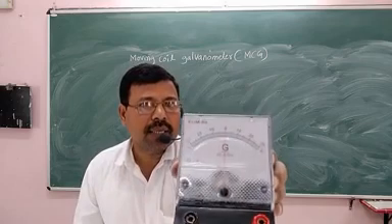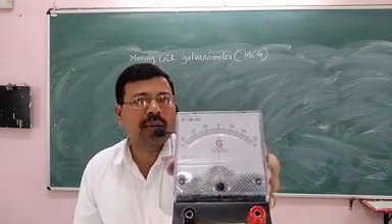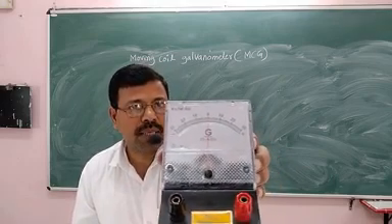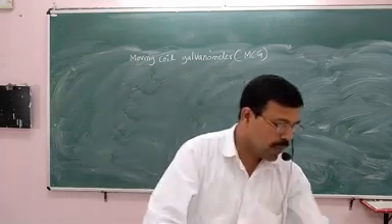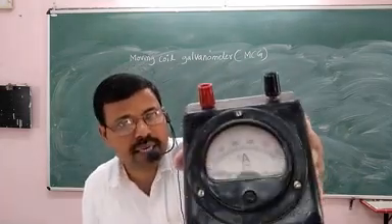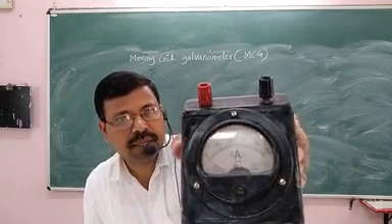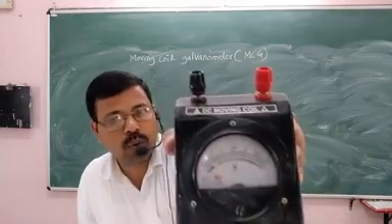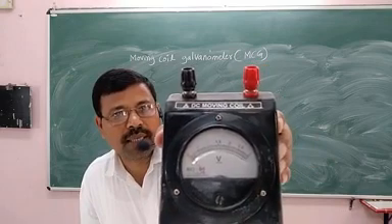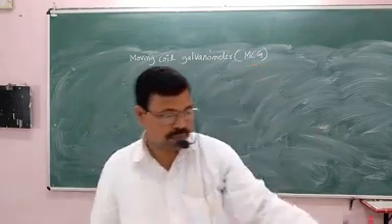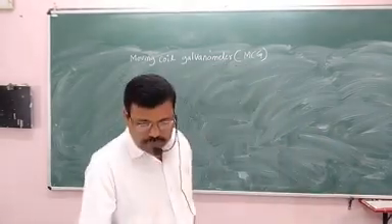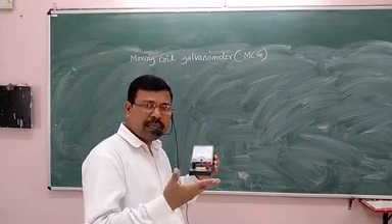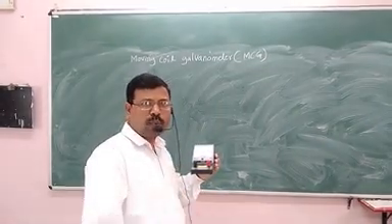If it is connected in parallel with a small resistance, a shunt resistance, then the galvanometer becomes an ammeter. Here we have an ammeter, which is converted from a galvanometer, and a voltmeter, which is also converted from a galvanometer. So it's very clear that a galvanometer can be converted into an ammeter or a voltmeter.